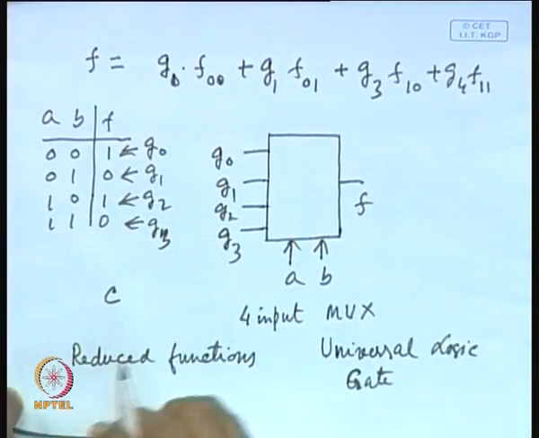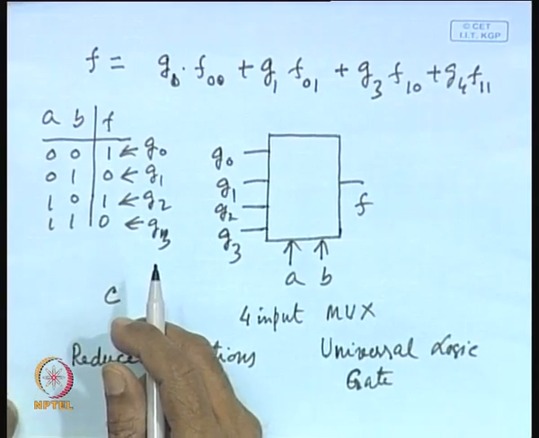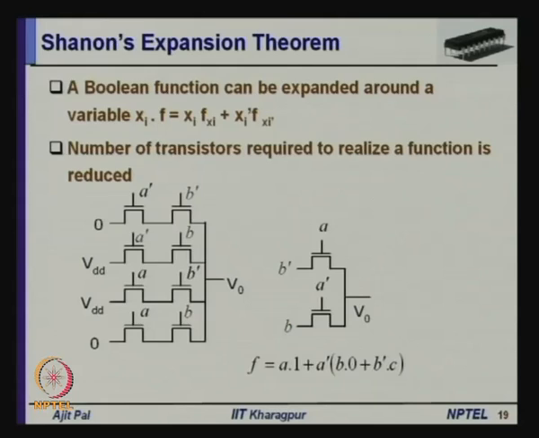There the multiplexer is used as building block of digital circuits. How the multiplexer is realized is no concern there, but any Boolean function can be expressed in terms of multiplexers, and this is how it can be done. So, we find that this is a technique by which you can realize Boolean functions using multiplexer as building block.